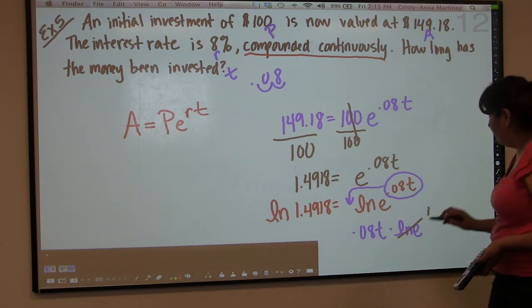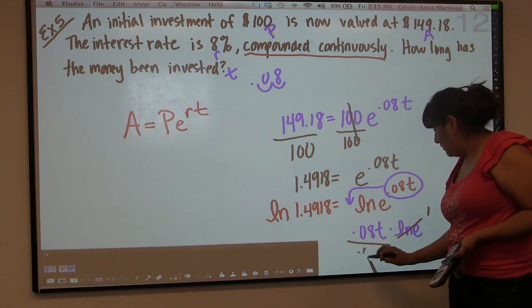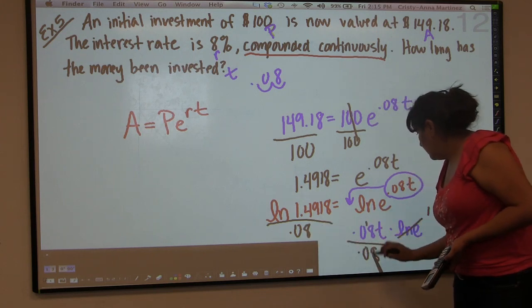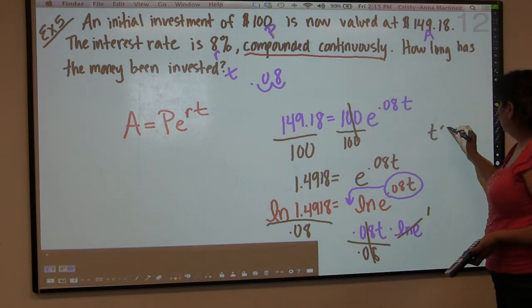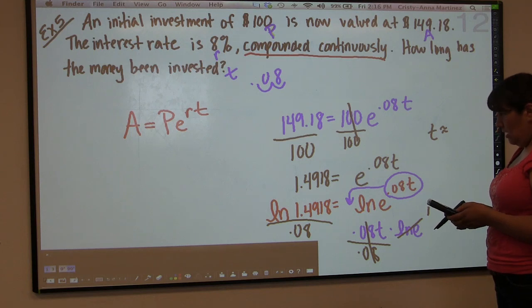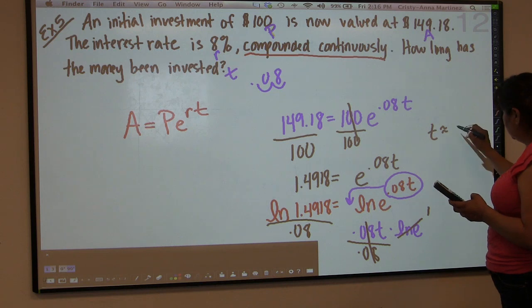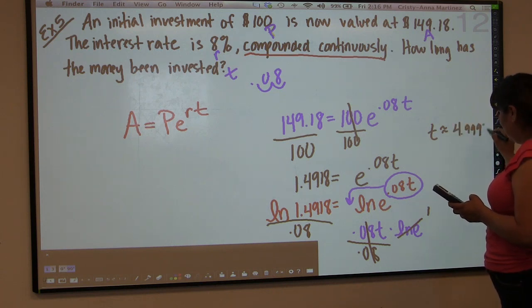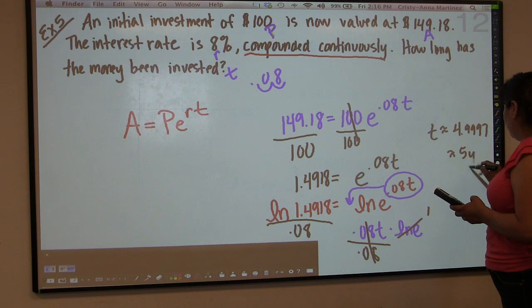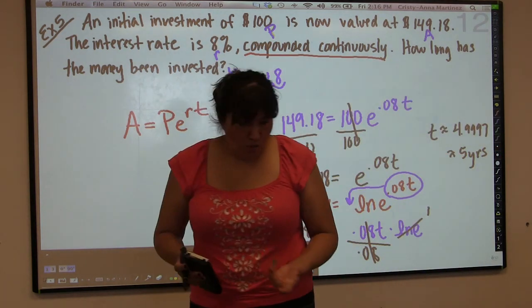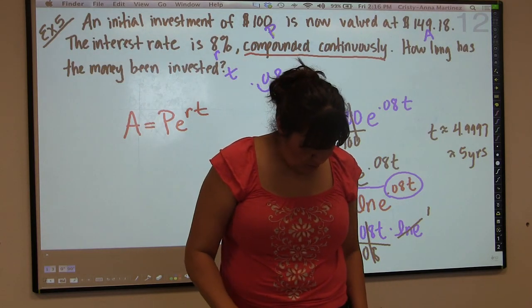To get rid of the 0.08, I divide by 0.08 on both sides. And t is going to equal ln of 1.4918 divided by 0.08, and it's 4.9997. So how long has the money been invested? Roughly about 5 years.